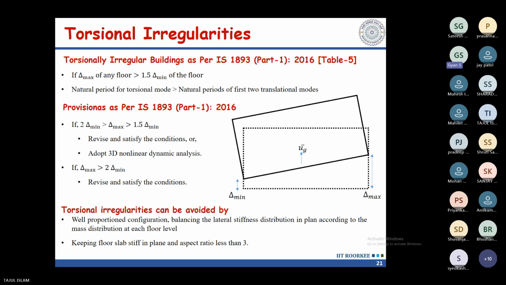So how can we take care of the 3D analysis? That is fine. We do not have our own code, but there are established codes available like ASCE 41, which is a very widely accepted code for nonlinear analysis throughout the world, not only in the US. So that you can follow.